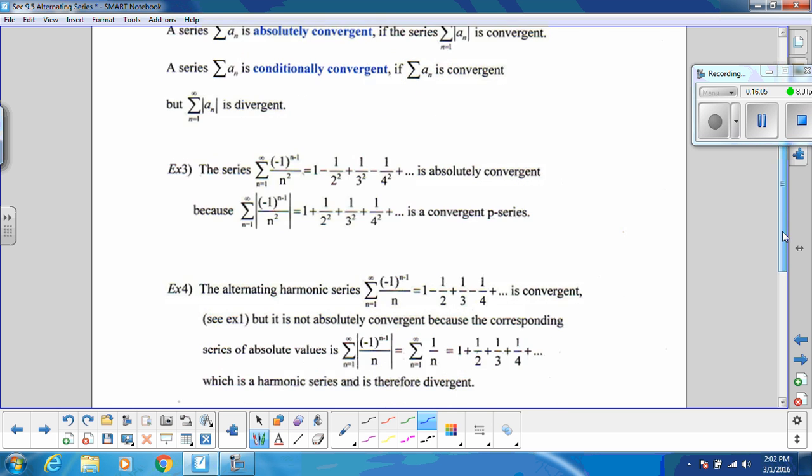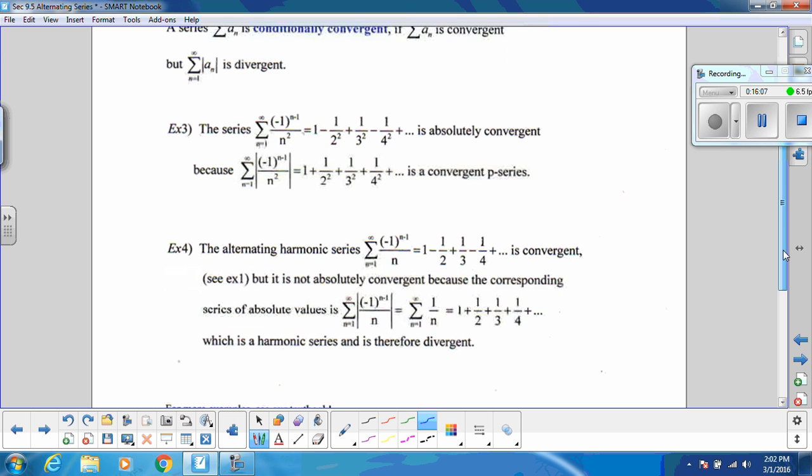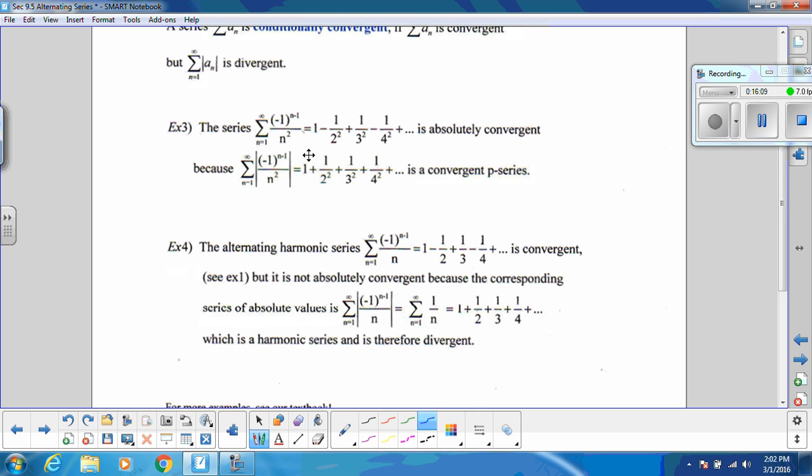For example, in example 3, we have an alternating series of 1 over n squared. This is like our p-series. If I take the absolute value of all of the individual terms, then that is a p-series, and since p is greater than 1, we know it's a convergent p-series.